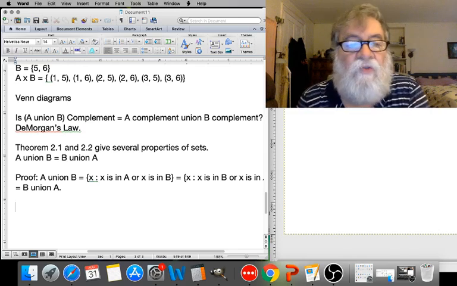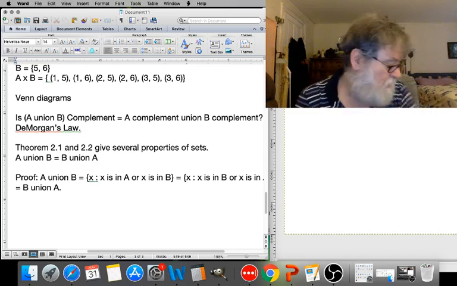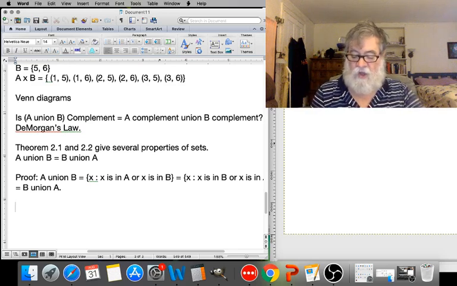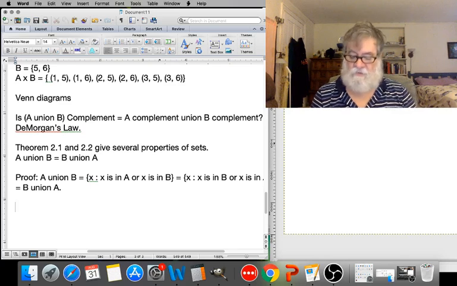Some things you can prove by actually using the properties. Now that these properties are set in theorems for you, you're allowed to use all these properties whenever you want to. Look at example 2.4 on page 45, and you'll see the kind of thing I'm talking about.